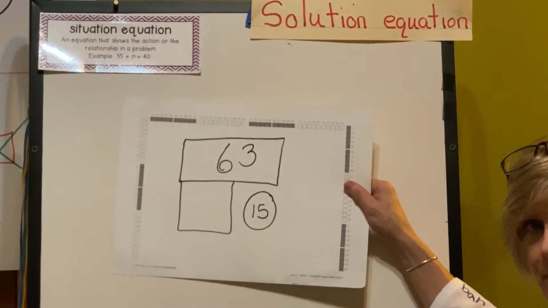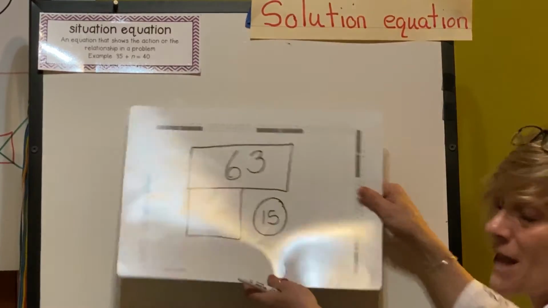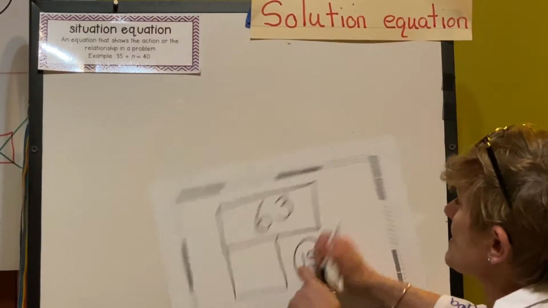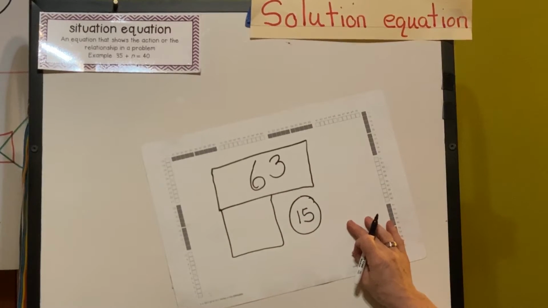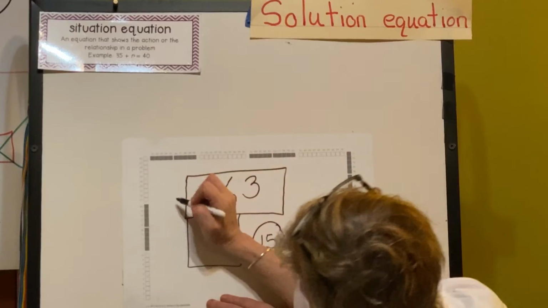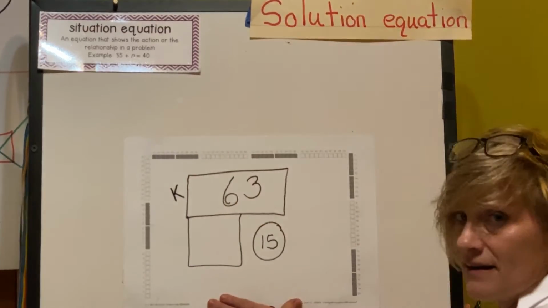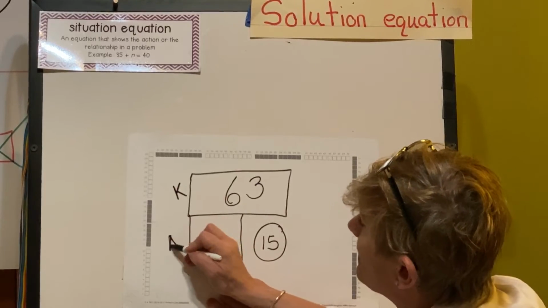Can you make a story problem up with that? I'm going to give you a little bit of assistance, okay? I'm going to make my characters in this story problem to be Cohen. I'm going to give Cohen this bar. And I'm going to give this bar to my friend Avon.